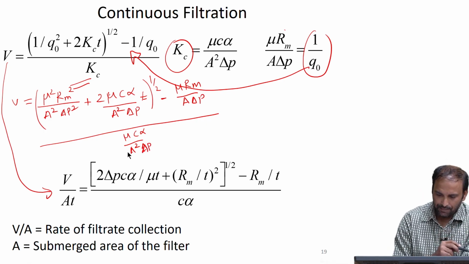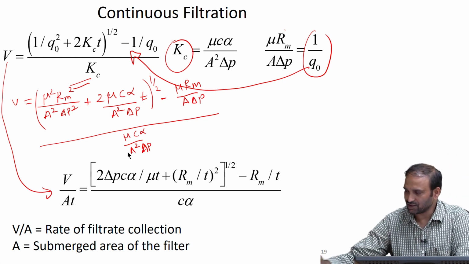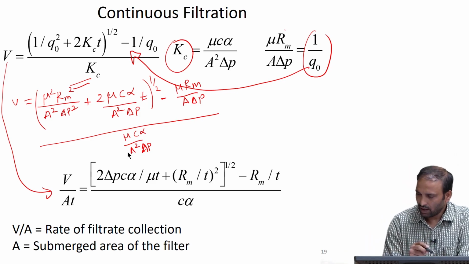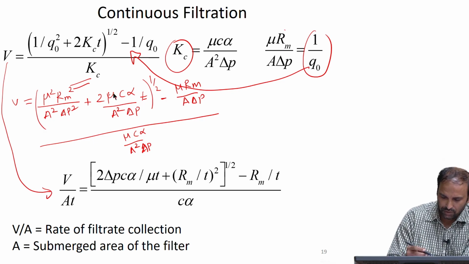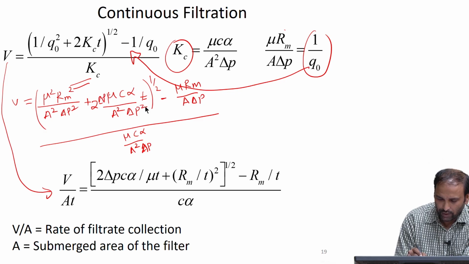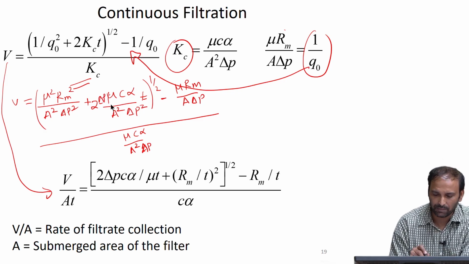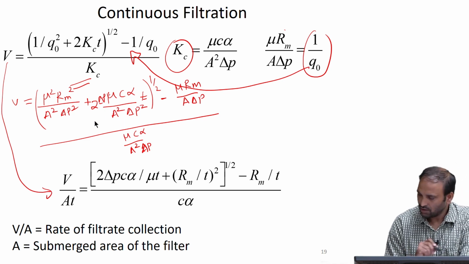Now, I can do some simple manipulation. I can multiply and divide this by delta p. So I have the 2 there, which was there earlier as well. I am going to write delta p here and then make this delta p square, so I have just multiplied and divided by delta p in the second term in the parenthesis.